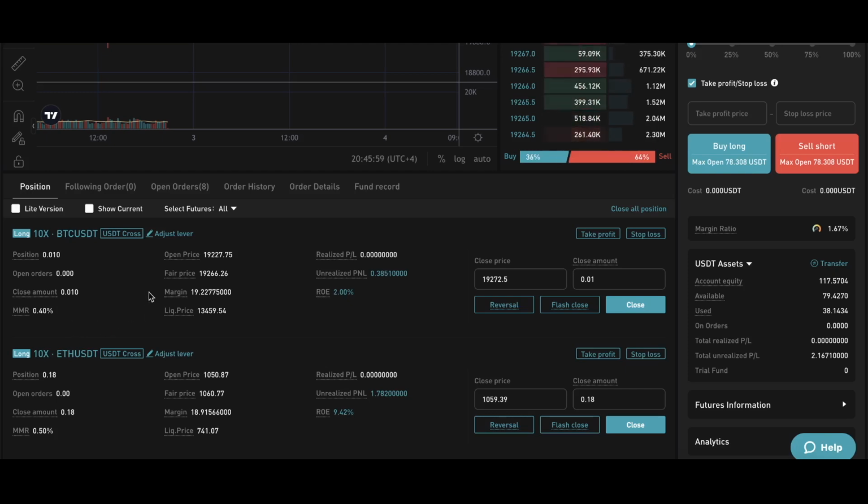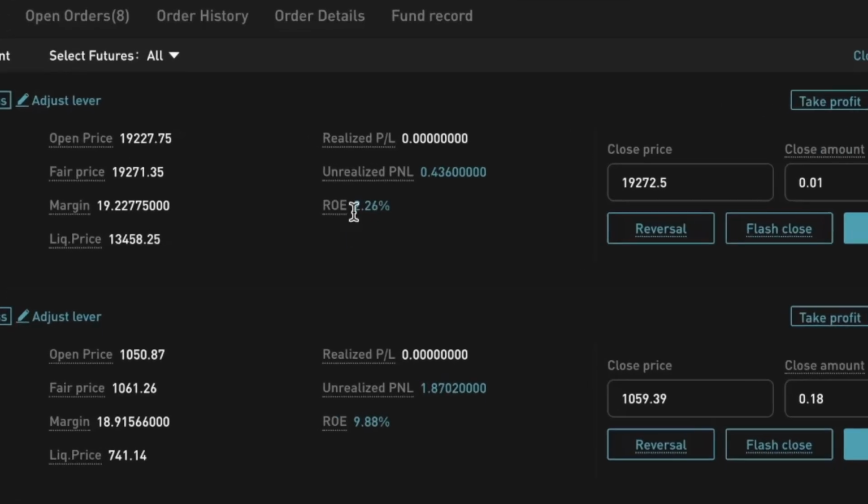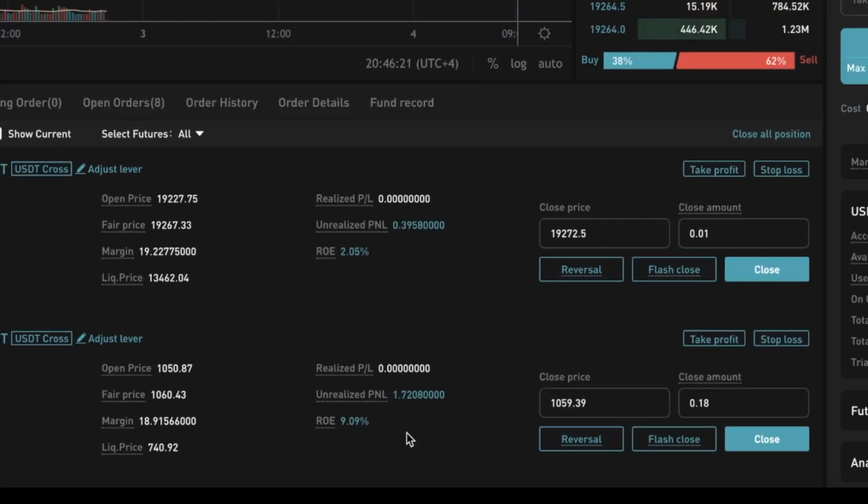Here you see which kind of position, when I ordered this, at which price, where my liquidation price is, and also where my profit is. You see my profit is 2% here. And at the second position, the Ethereum position, I'm now 10% in profit.